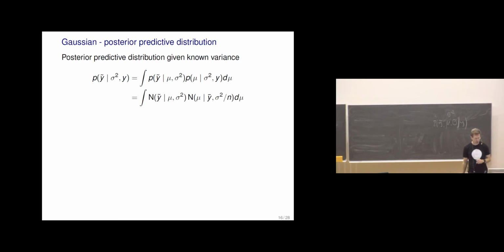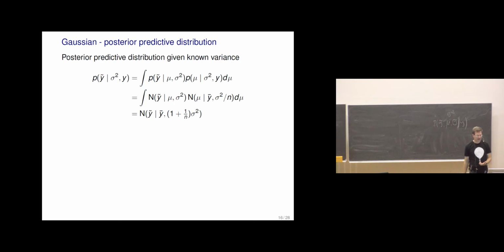So we can put there the normal distribution for y tilde given mu and sigma squared, and a normal for mu given the sufficient statistics, and then we integrate over mu, and the result is again a normal distribution. It has the location y bar, and then the variances are combined.